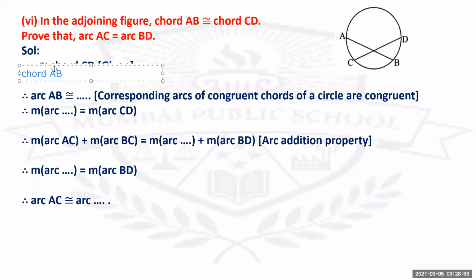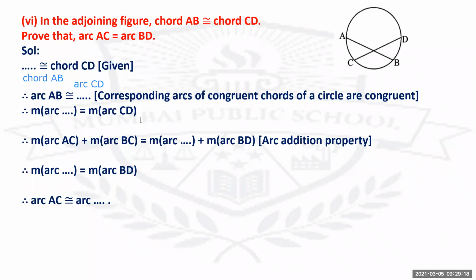That means arc AB is congruent to which arc? Arc CD. The reason is already given to you: corresponding arcs of congruent chords of a circle are congruent.